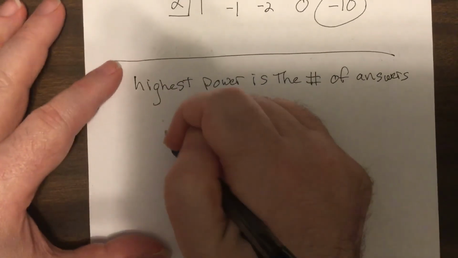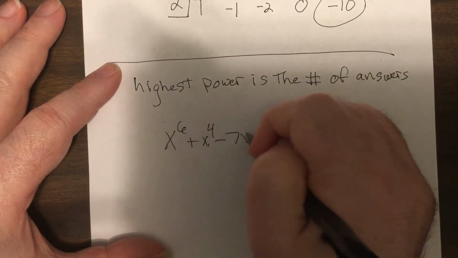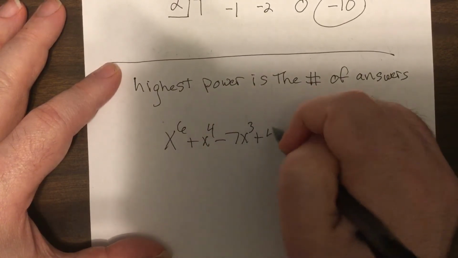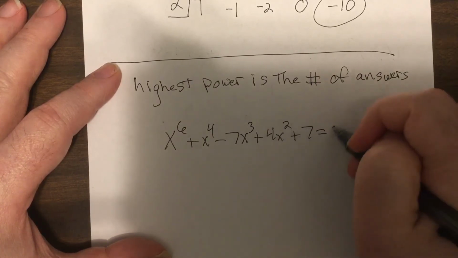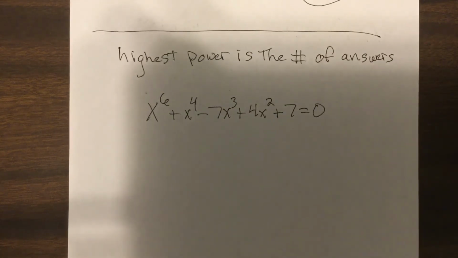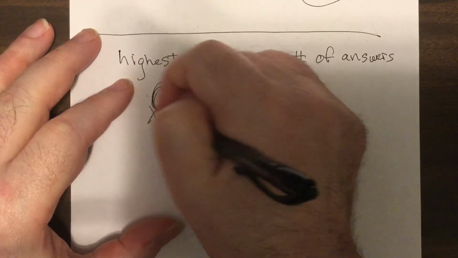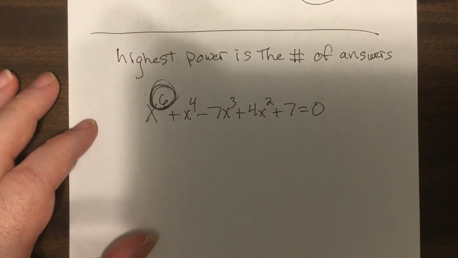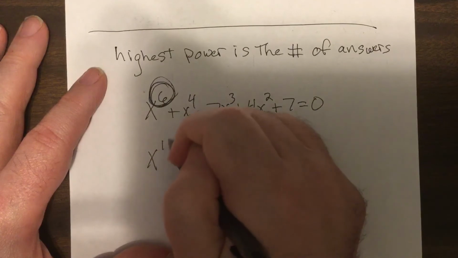So if the problem is x to the 6th plus x to the 4th minus 7x cubed plus 4x squared plus 7 equals 0. And I said, how many answers are there? Now, again, you may not be able to find them all. We may not know enough rules and operations, but how many answers are there? 6. The highest power is always the number of answers.